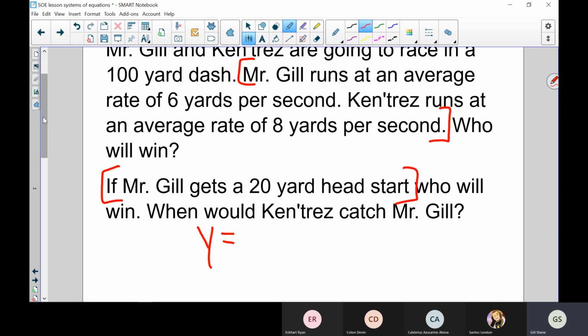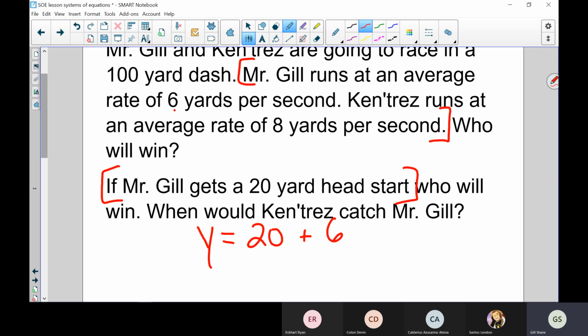So the starting number, be very careful when you figure that out. That's the number I'm going to add to as I run. And what am I going to add to that 20? Yeah, it's basically the only other number that's about Mr. Gill. All the numbers that are about Mr. Gill better be in this equation. And that is 6 yards.